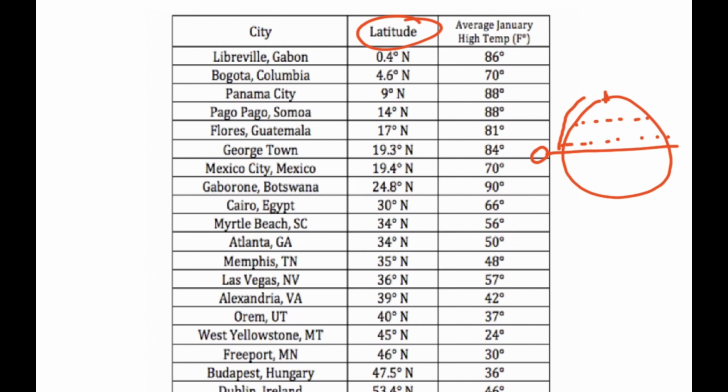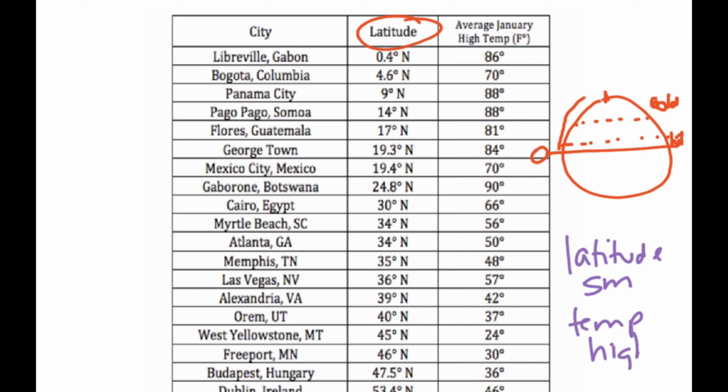And so what's happening in January? Up here it's getting colder, and at the equator it pretty much stays the same all year long. So at the equator my latitude is 0, and as my latitude gets smaller, my temperature is higher.